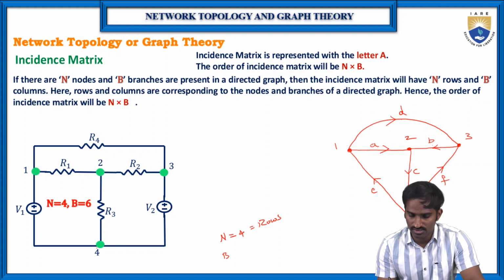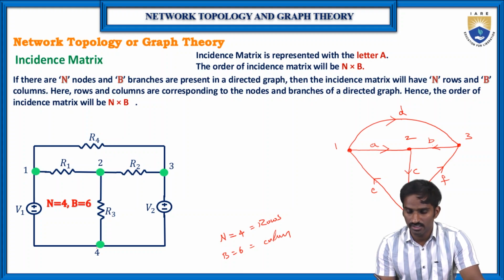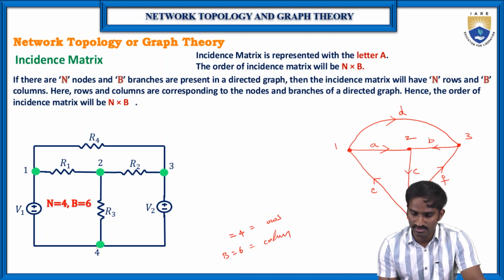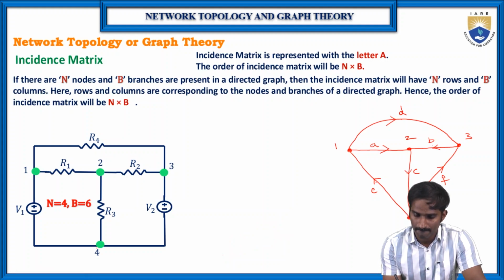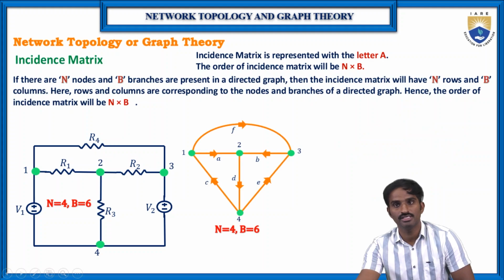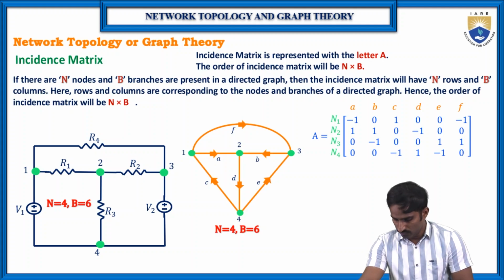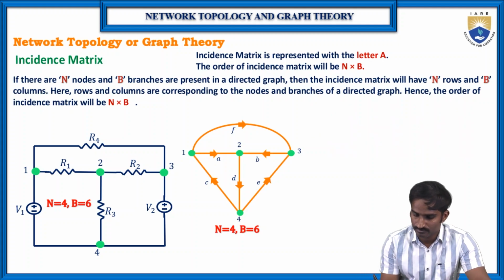So here b is equal to 6, which means there are 6 columns. Before that, here n is equal to 4 and b is equal to 6, right? Now we are going to form a matrix.